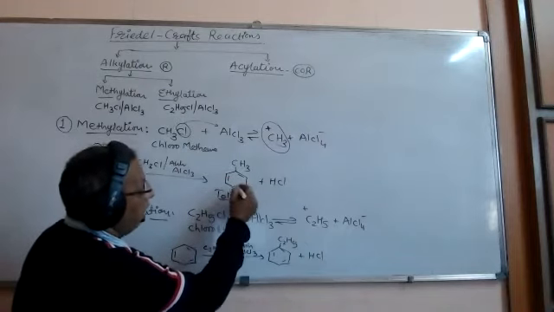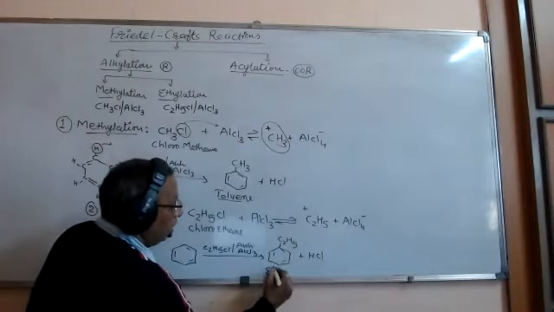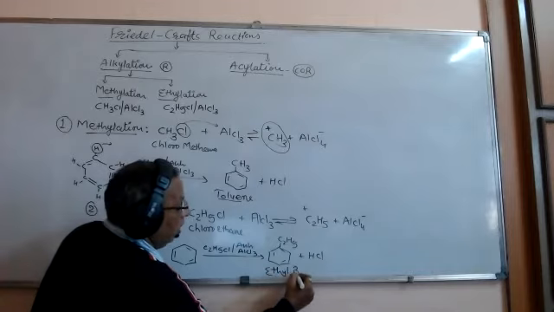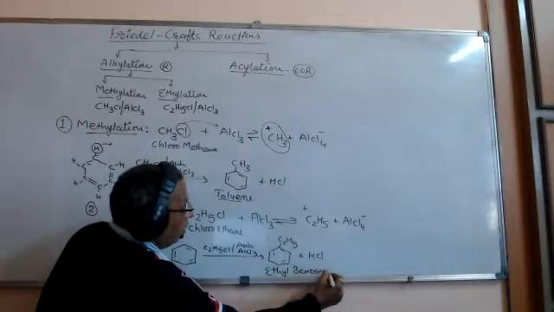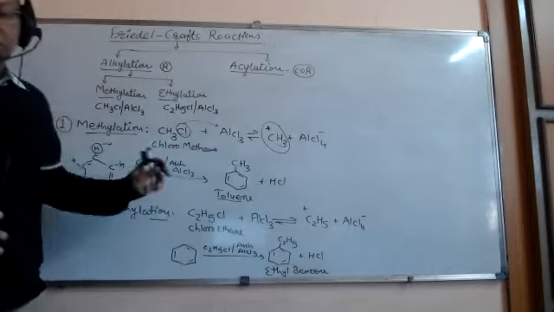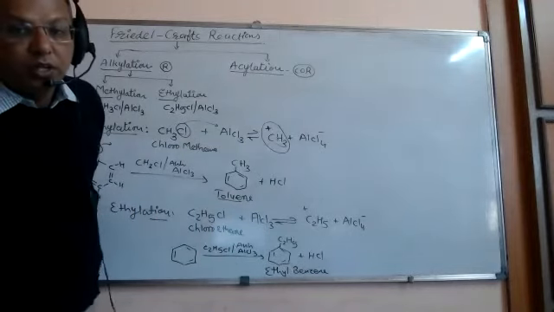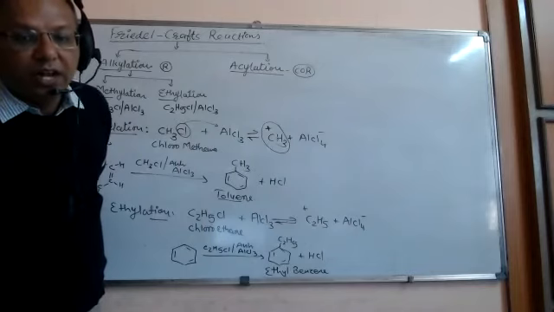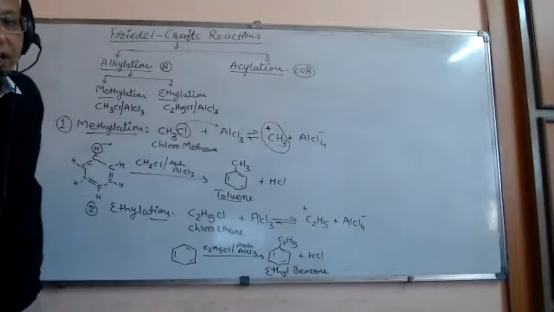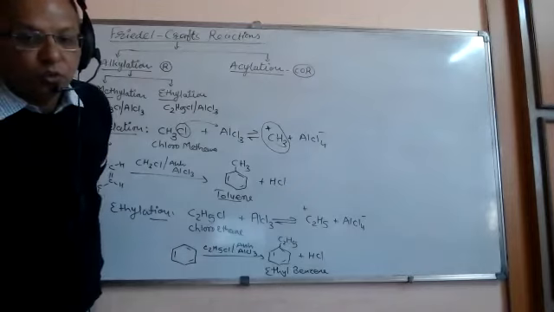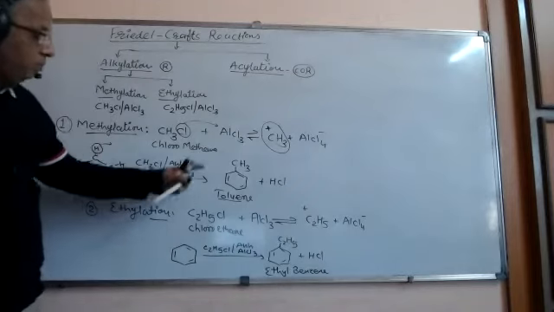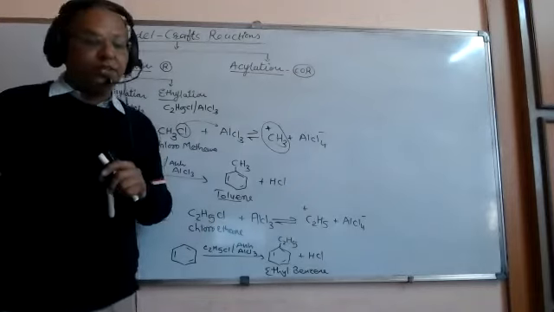This is methylbenzene or toluene and this is called ethylbenzene. Reaction mechanism and other things are similar, but the only thing is that instead of methyl we are using ethyl in the ethylation. So two products we obtain, one is methylbenzene, one is ethylbenzene.